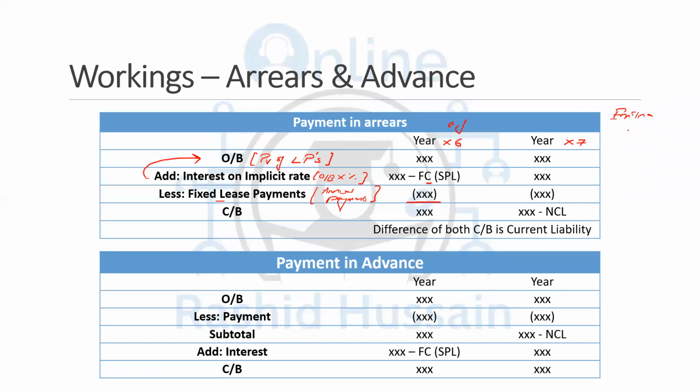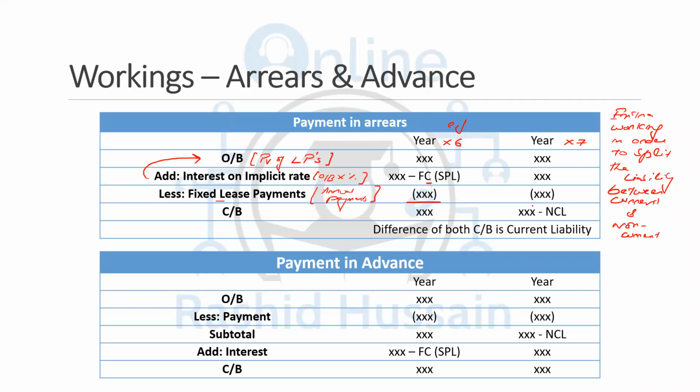Extra working in order to split the liability between current and non-current. Because the payment we are supposed to make within 12 months is your current liability. The rest is your non-current liability.